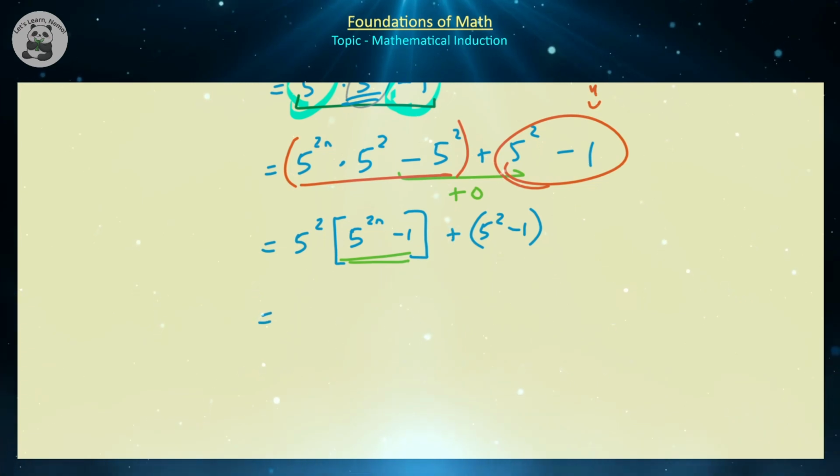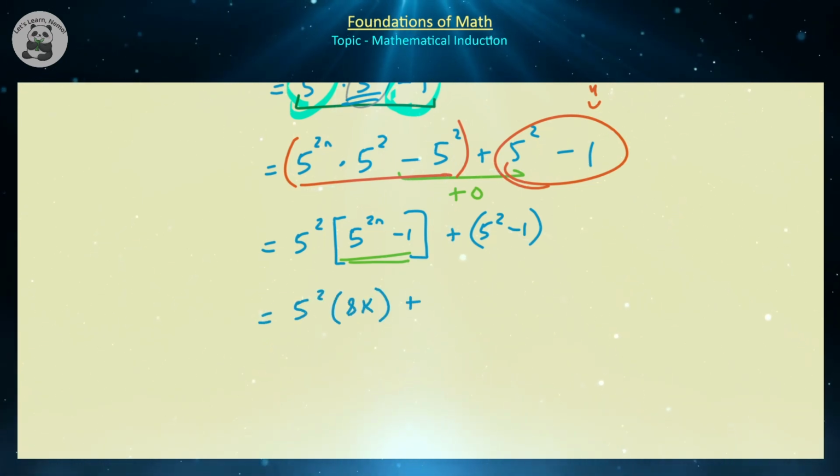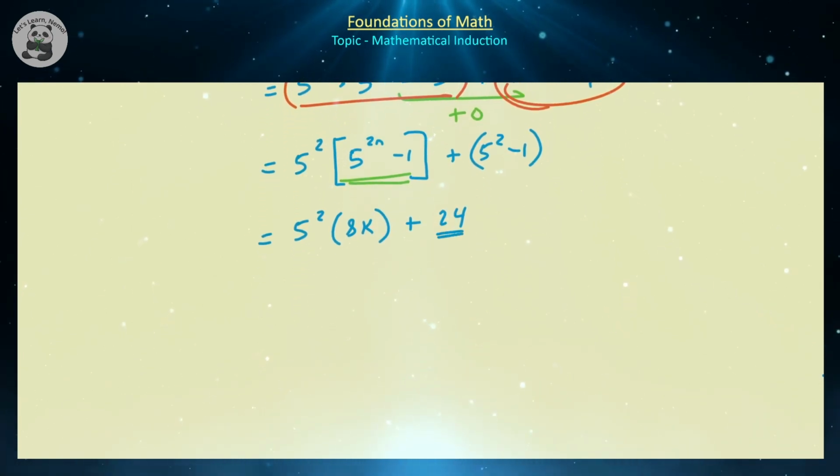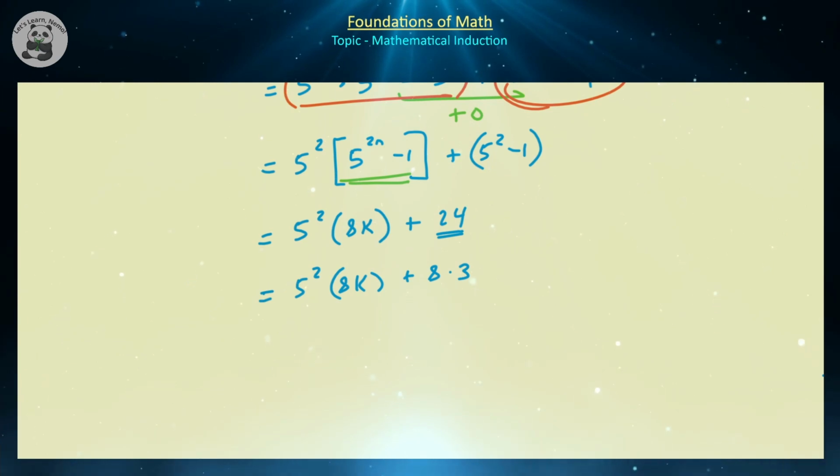So we can write this as 5 squared times 8k plus 5 squared minus 1, which is 25 minus 1, which is going to be 24. Right? So once we have that, well, 24 we know is divisible by 8 as well, because we can write that as 8 times 3. And notice that we have an 8 in common with the first and second terms. So I can factor out my 8.